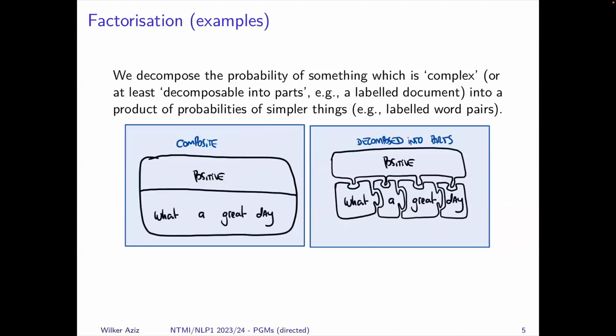So it's a similar notion with a few important differences, and we get to decide what the elementary parts are. We're going to call these parts factors. And we are going to figure out ways to express these decompositions, and ways to manipulate them so as to be able to express every probability of interest.